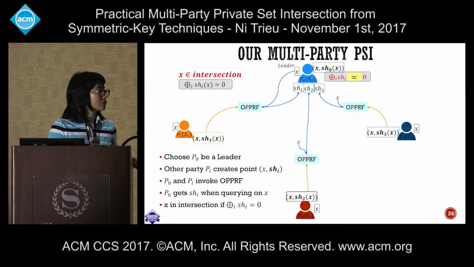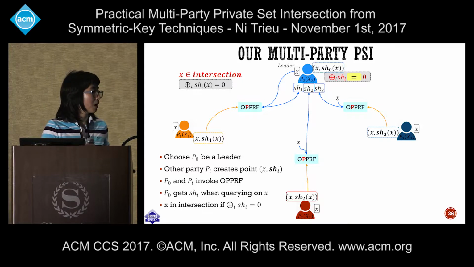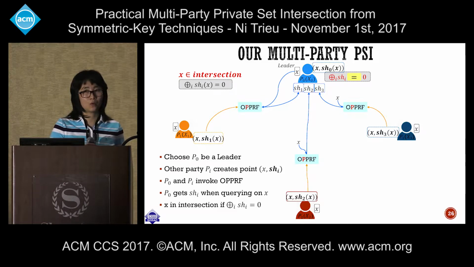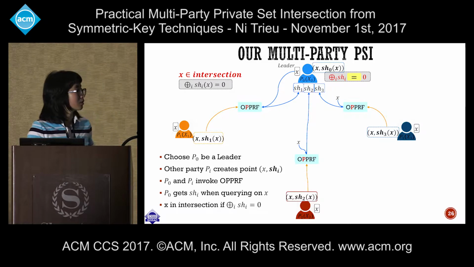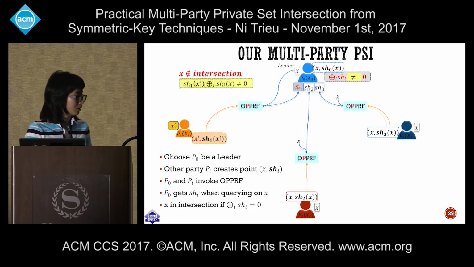Now we choose P0 as the leader, and then the parties create a point X and the share of X. P0 and Pi involve OPPRF. Here the leader queries on X, and the leader will receive the correct share of P1 because the leader has X, the same as P1 has.